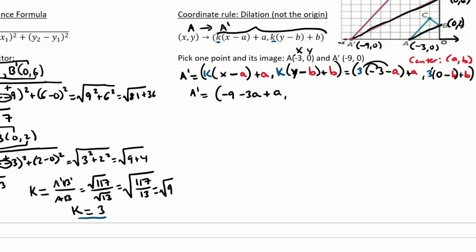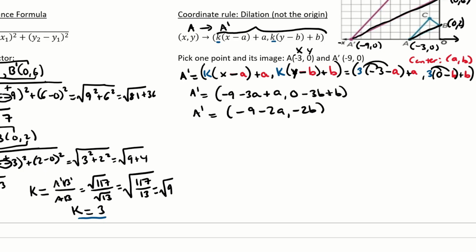And then distribute this. So it's going to be 0 minus 3b plus b. And so we get that A prime is equal to negative 9 minus 2a, and then negative 3b plus b is negative 2b. Okay?